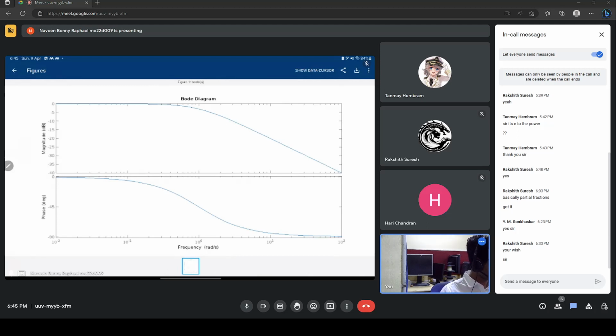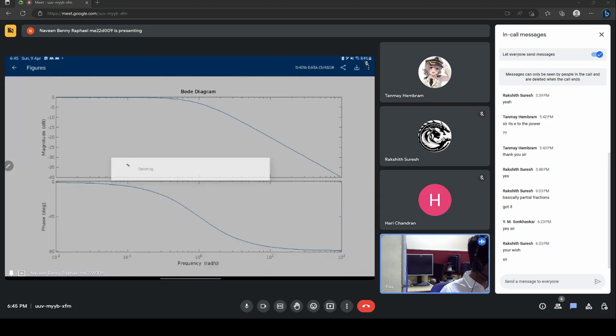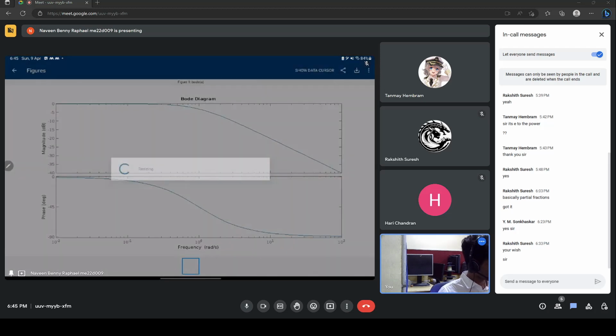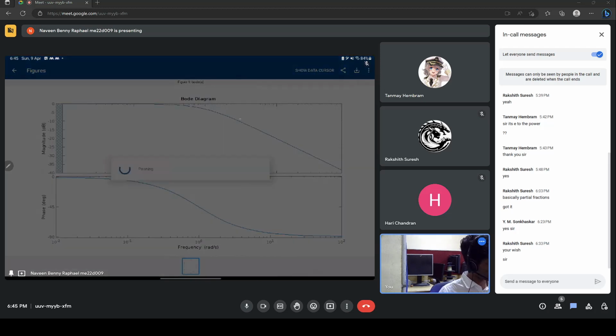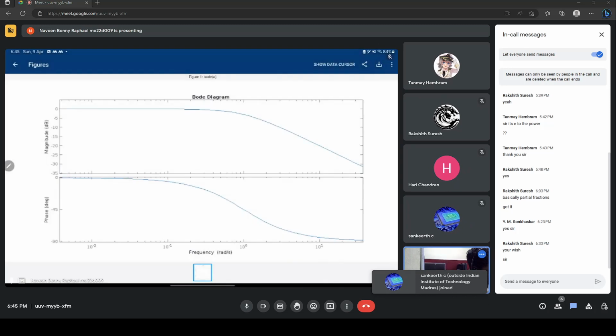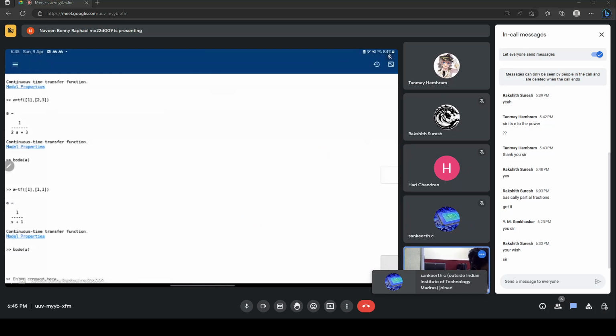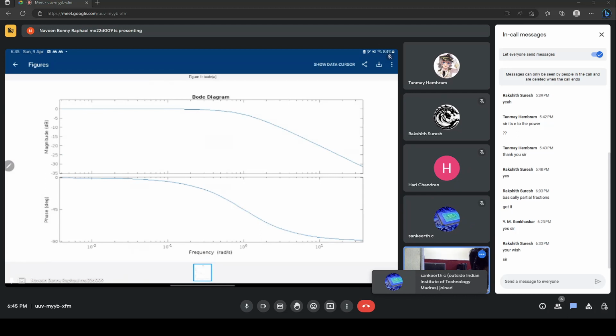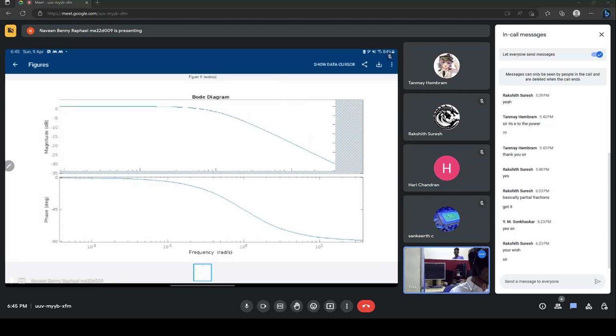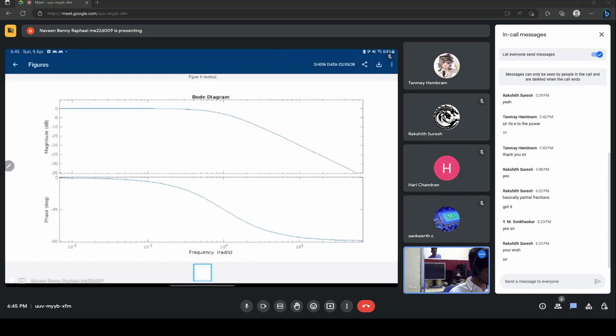So here we have a straight line. My God, give me a, okay. So for the Bode plot of 1 by 1 plus s, as I said before, can you see my mouse cursor?